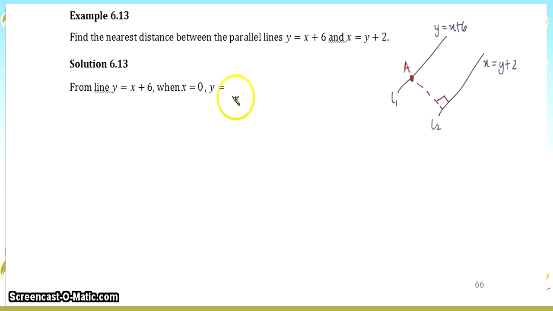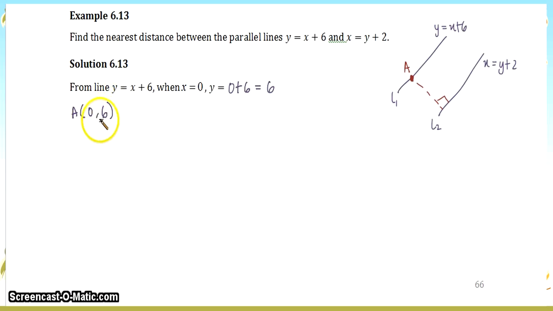The easiest way is by letting x equals 0. So when x equals 0, substitute into this equation, we get y equals 0 plus 6, which is 6. Therefore, the coordinate of point A is (0, 6).